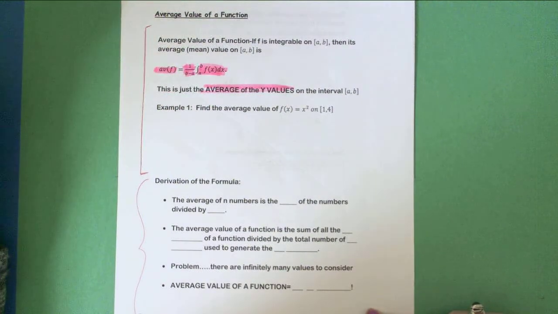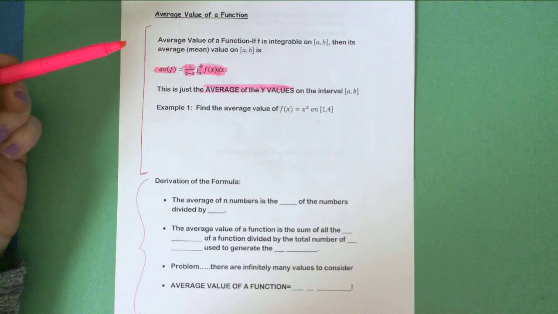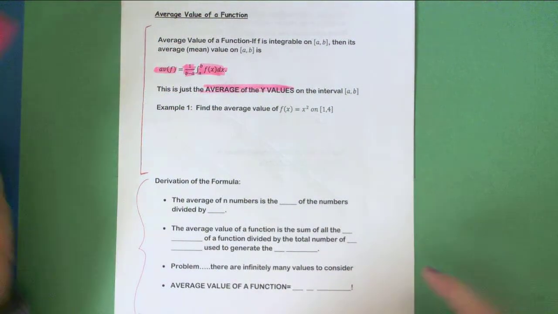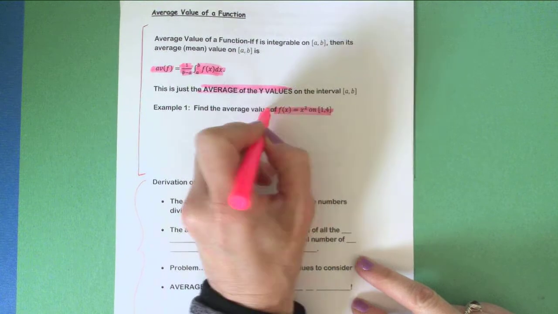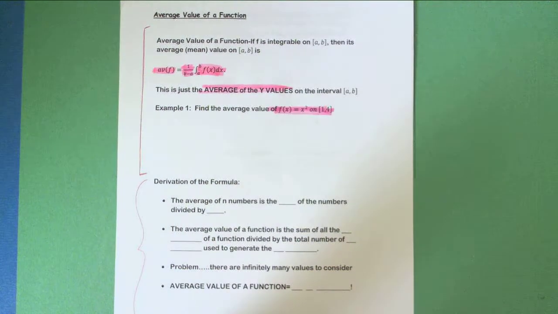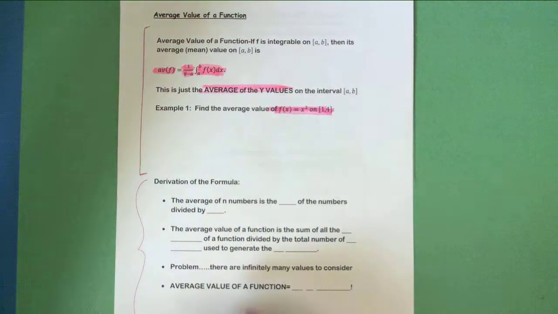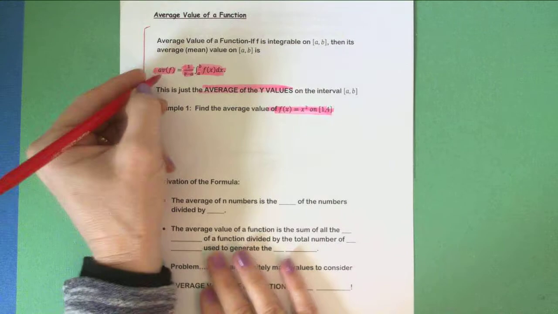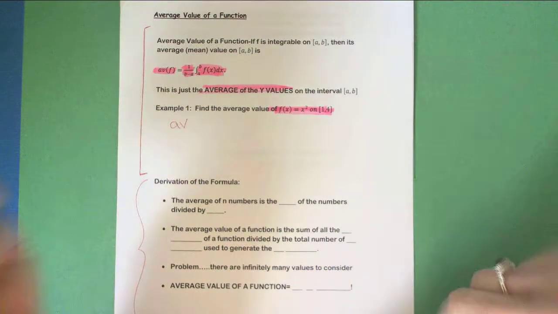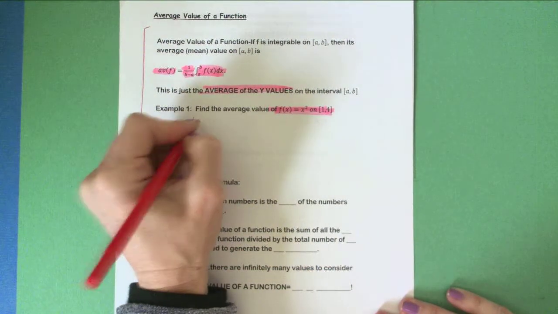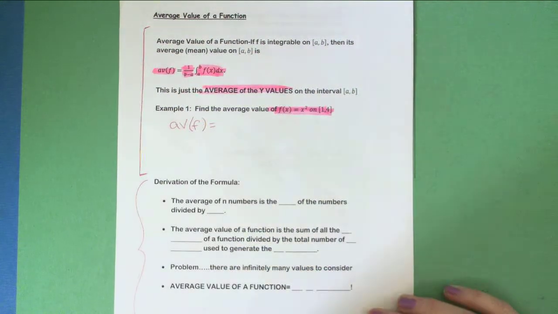So example 1 says, find the average value of f of x equals x squared from 1 to 4. So tonight, when you do the assignment, you're literally just going to do this. Using this formula, you're going to set it up. Average value of f equals. Okay, so we know that the 1 is the a and the 4 is the b.